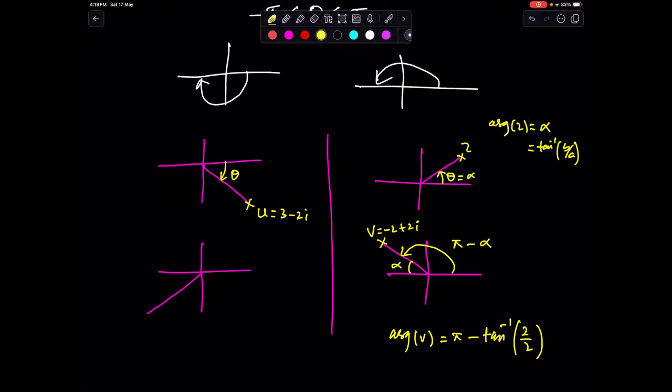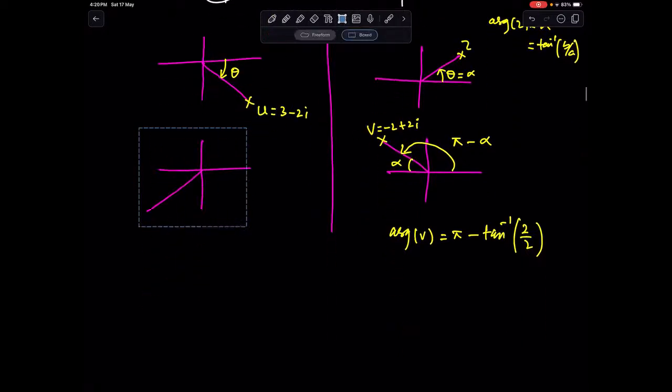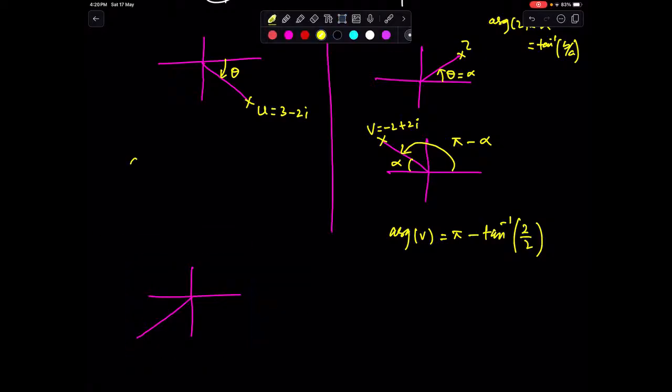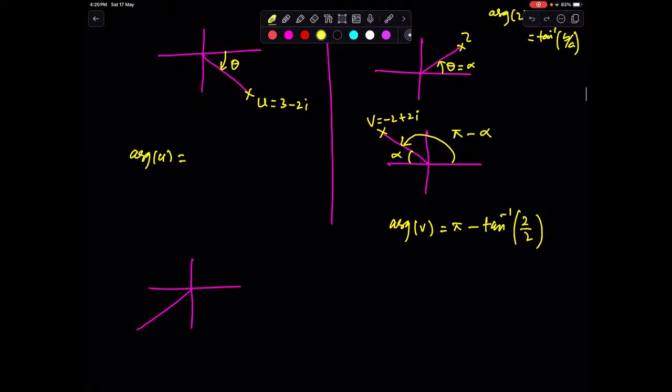will be, just one second, the argument of u is negative alpha. So negative tan inverse 2 upon 3. So if the complex number is in the fourth quadrant, then the answer is minus alpha. If first quadrant, alpha. Second quadrant, theta is equal to pi minus alpha.